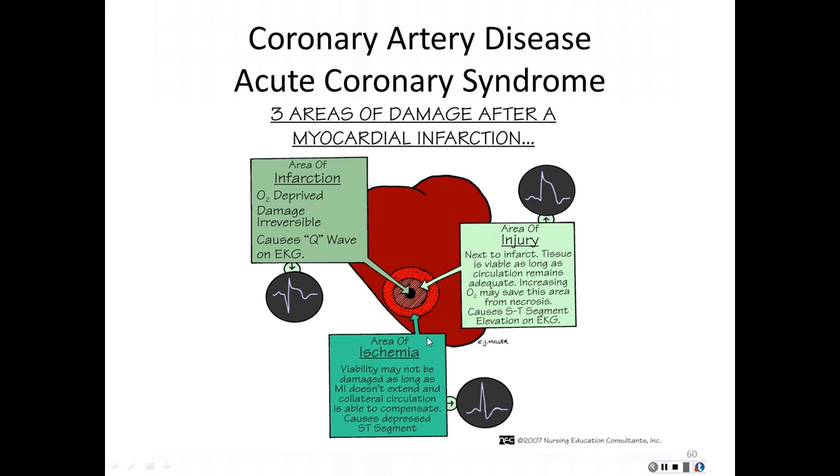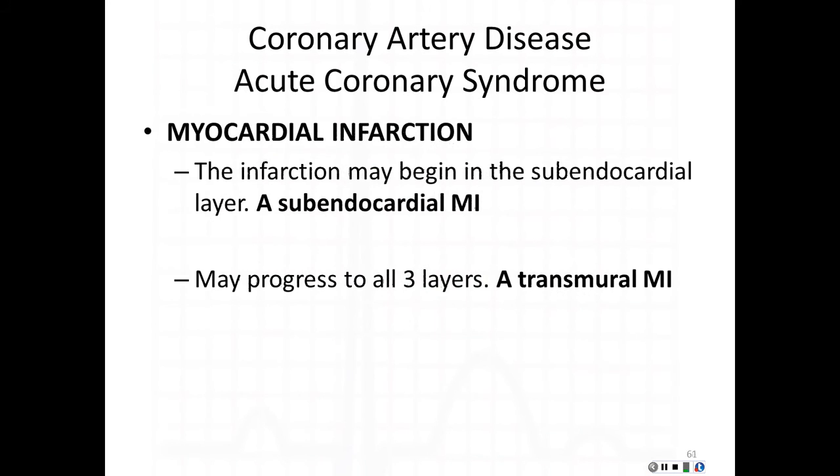The area of ischemia is variable, may not be damaged as long as the MI doesn't extend and there's collateral circulation to the area. That's going to cause that ST segment depression. That area of injury is next to the infarct. It's viable as long as circulation remains. But again, the quicker we can get reperfusion back to these areas, the better it is.